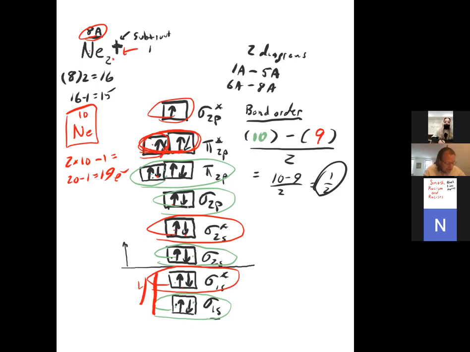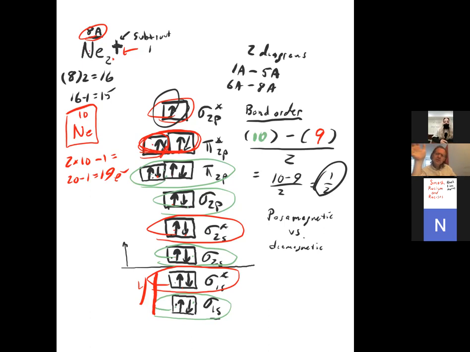Now let's do the paramagnetic versus diamagnetic. Okay. If it has any unpaired electrons, it's paramagnetic. It's going to be weakly attracted to a magnetic field. So there's an unpaired one right there. It has 1 unpaired, so it's not going to be really strong.